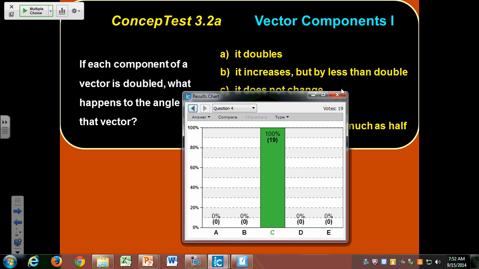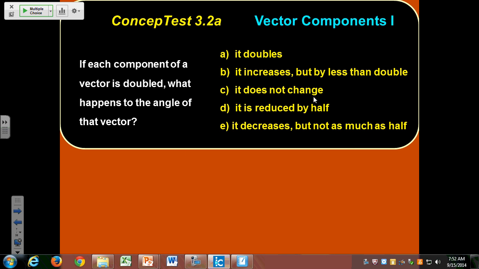Excellent. All right, so if you have these triangles, what are they called? If you have two triangles like that, they're called similar triangles, right? If I double both sides or increase both sides, these are called similar triangles, and the angles here are the same. Okay?